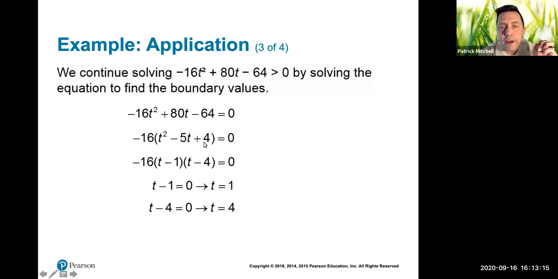T squared minus 5t plus 4 factors into t minus 1 times t minus 4. So the only way that the product of these three things could equal 0 is if either t minus 1 is 0, which means t is 1, or t minus 4 is 0, which means t is 4.